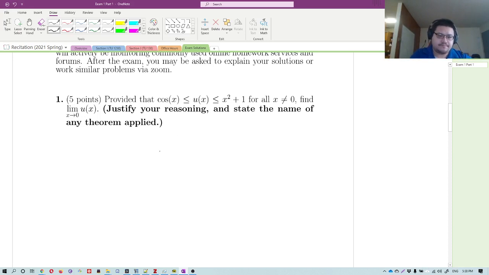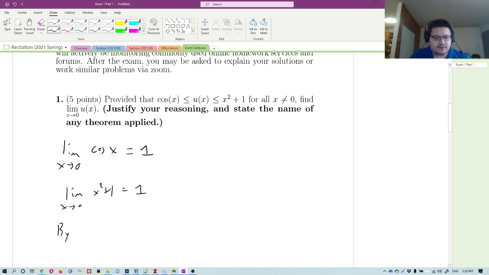Let's see, how should we phrase this? Well, squeeze theorem means we want to take the limits of the two bounding functions. So cosine of x, if we take that limit, we get cosine of 0, which is 1. Now, if we take the limit as x goes to 0 of the x squared plus 1 function, that's also going to be 1.